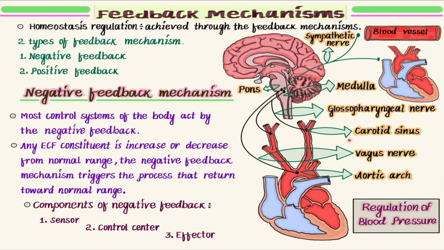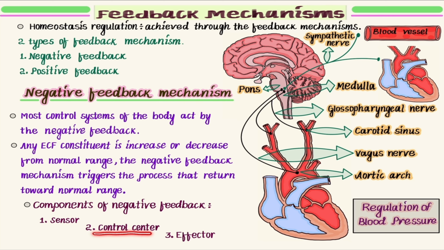These two receptors detect change in pressure in their lumen. The carotid sinus sends signals to the brain or control center through the glossopharyngeal nerve, and the aortic arch sends signals to the brain or control center through the vagus nerve.